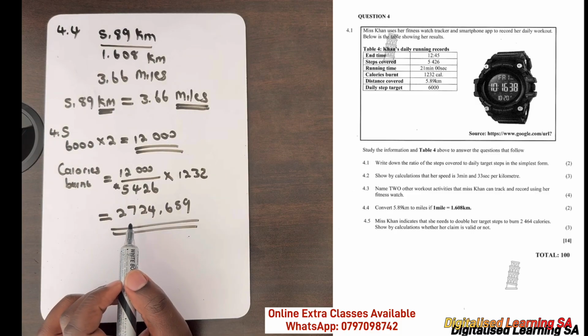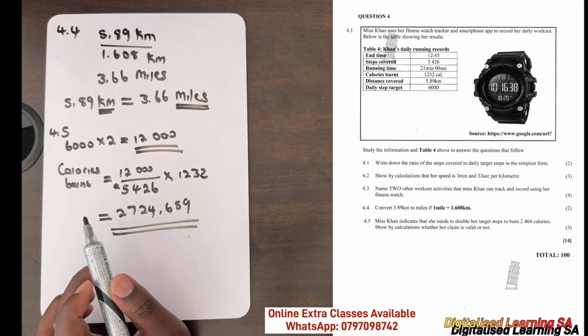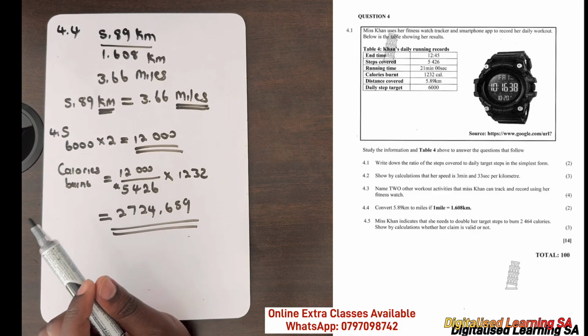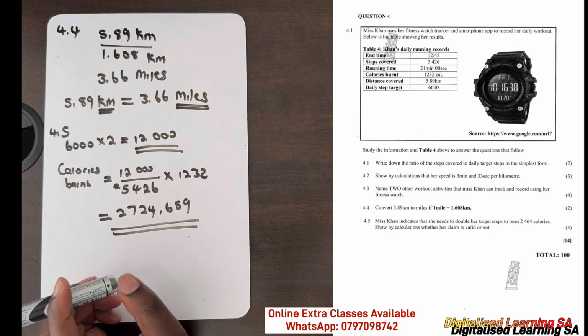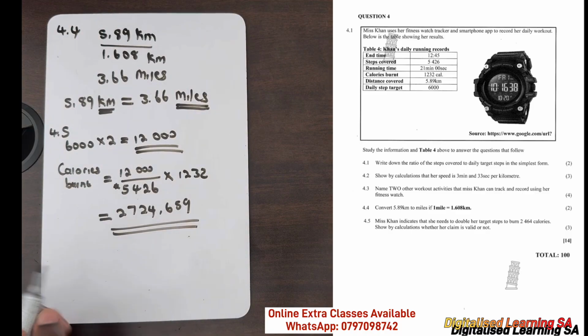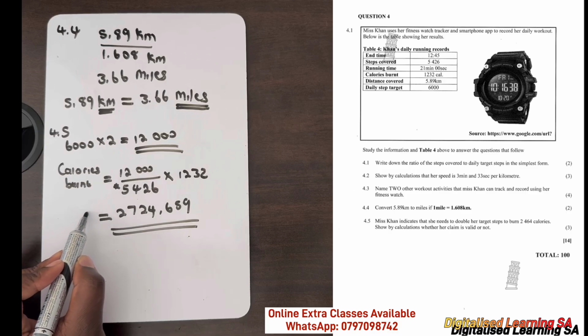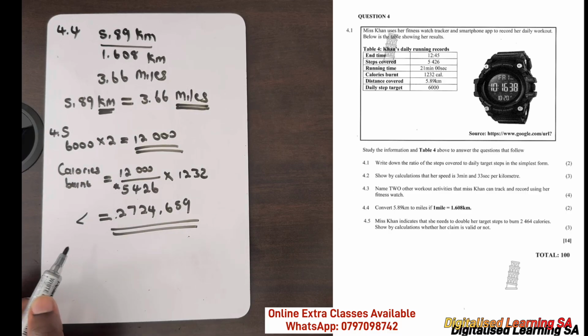Okay, meaning that her statement is invalid, because she said that if she doubles her daily steps, she will only be able to burn 2,464. Okay, which is less than what we calculated, meaning that her statement is invalid.